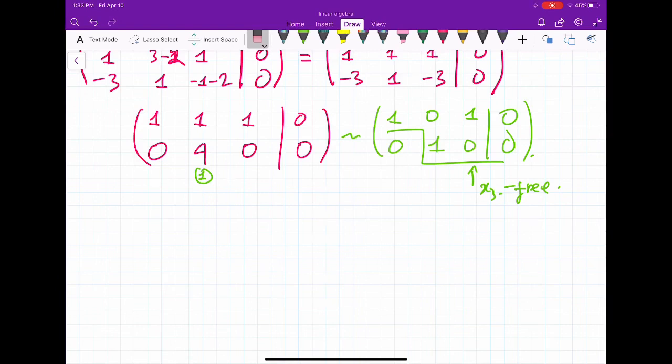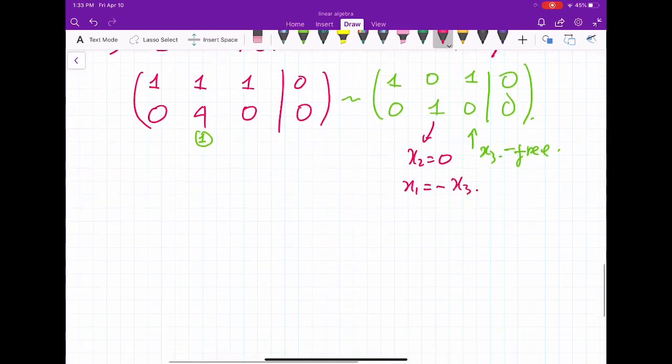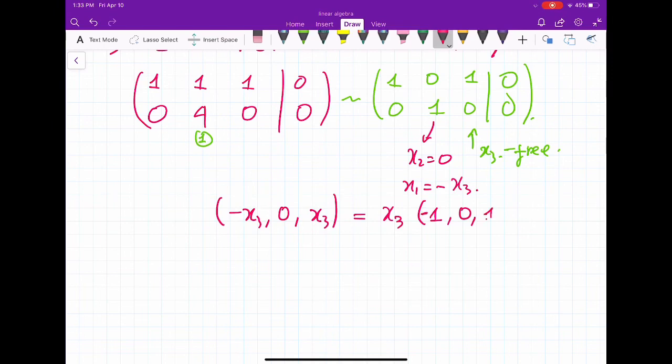From the second equation, we see that actually x2 is 0. And from the first one, we have x1 equal to negative x3. And the general solution looks like negative x3, 0, and x3. Or x3 times negative 1, 0, and 1, right?